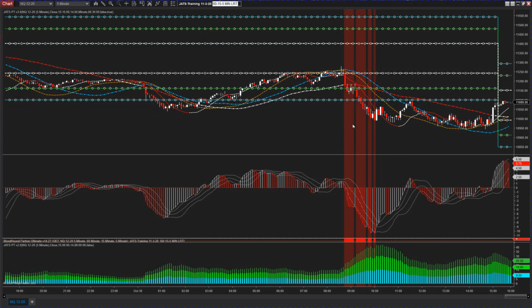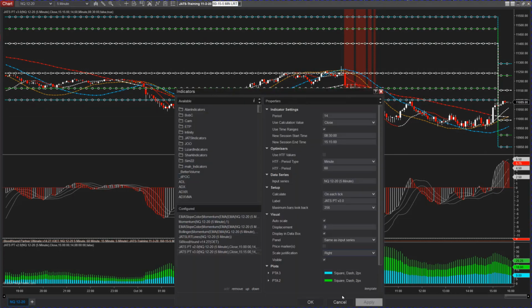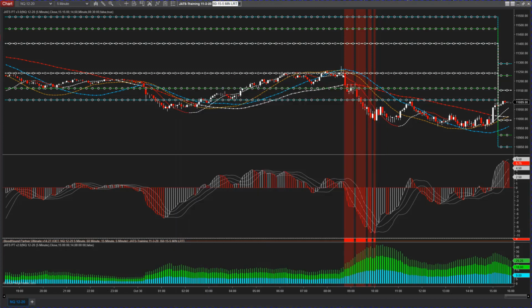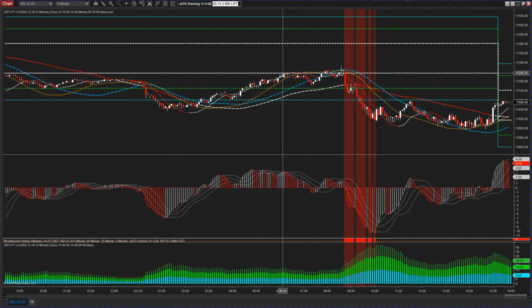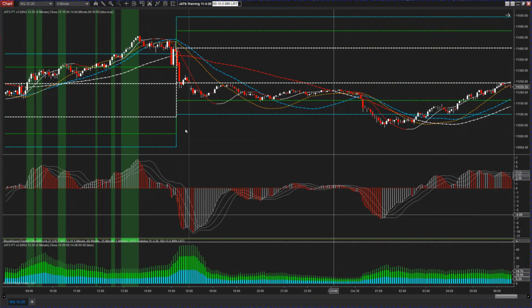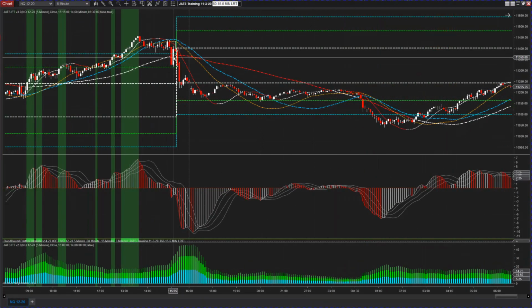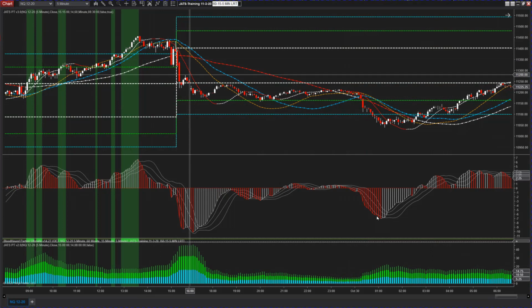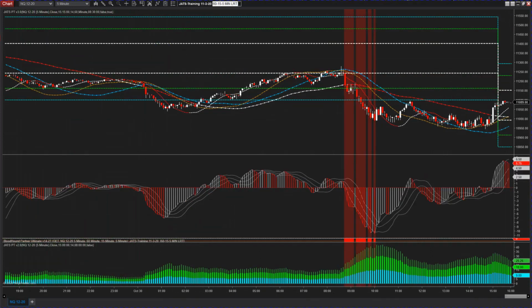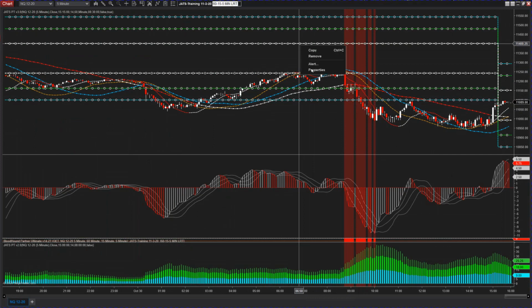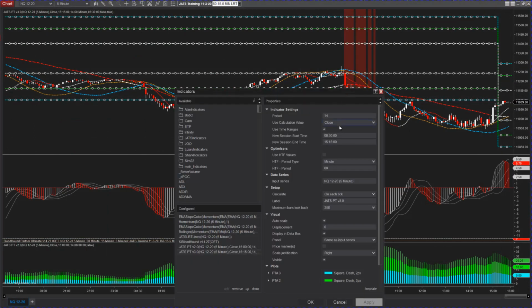When you do it on the open, let me explain this to you so you can see it. So this is on the prior session, 14 periods on the session close. So that's at 15:15. If you set this to open, get the data distribution off of the open instead of the close, your distribution is going to change. Okay.